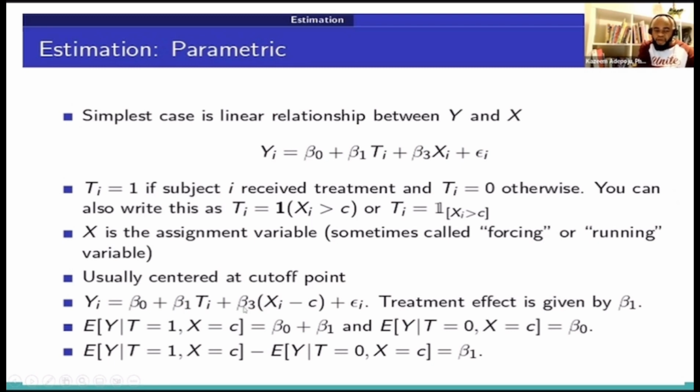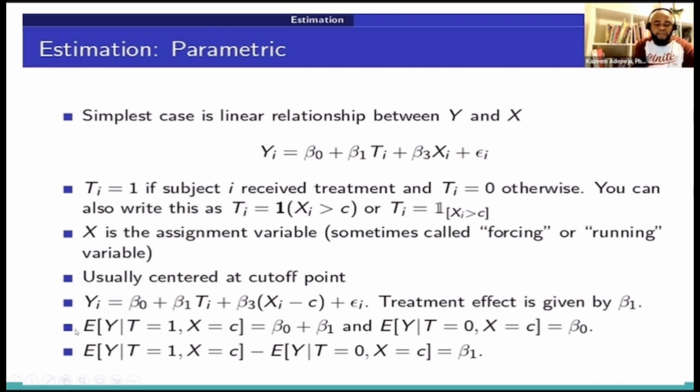The moment we do that, the treatment effect is going to be the coefficient of Ti, which is beta one. So take a look at that.